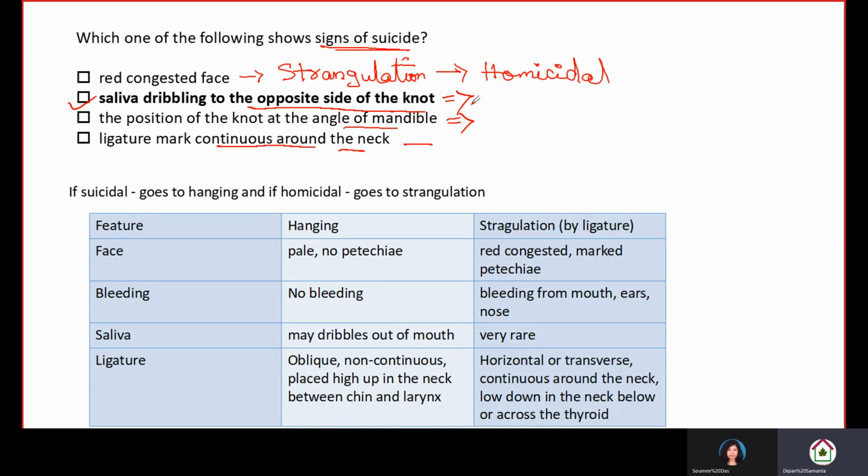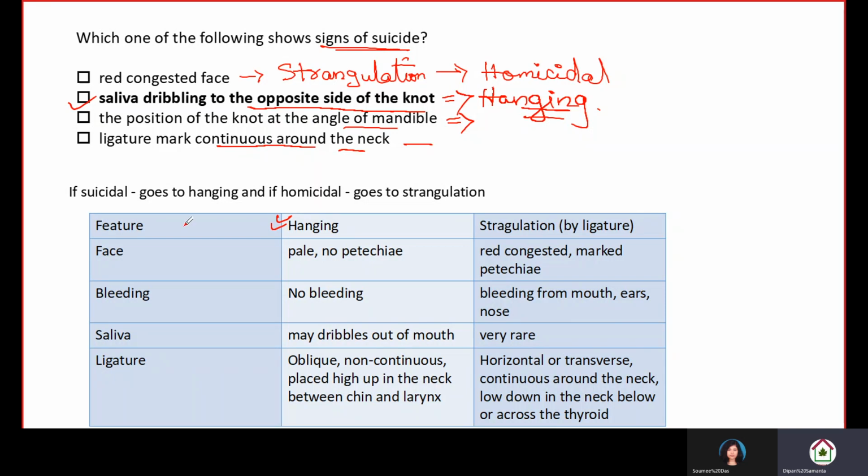it is not strangulation, it is hanging. The saliva dribbling occurs only in hanging, and is very rare in strangulation. Most probably in strangulation there will be no dribbling of saliva to the opposite side of the knot.